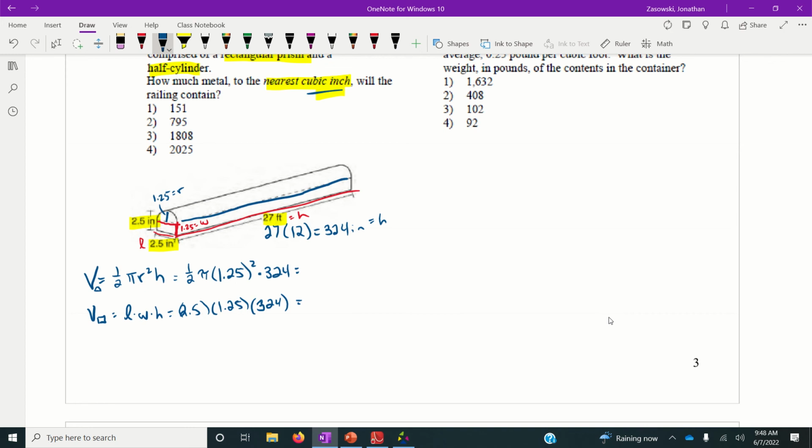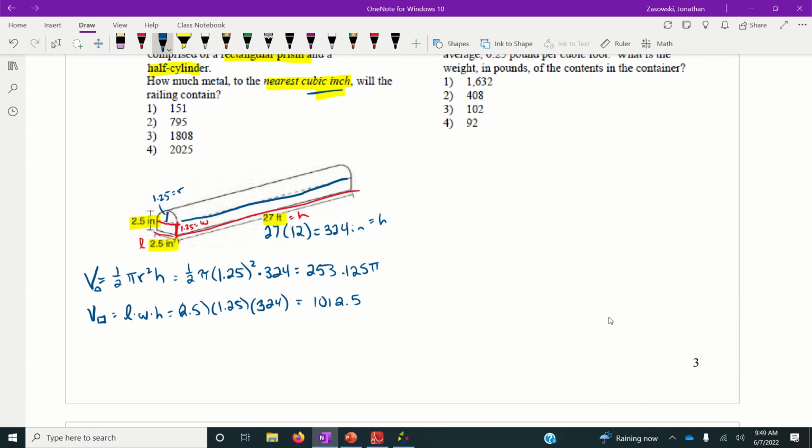So this first one is 0.5 times 1.25 squared times 324, which is 253.125, and then the pi is attached still. If you want to multiply the pi out, go ahead. We are going to round to the nearest cubic inch in a minute. And then 2.5 times 1.25 times 324 is 1,012.5.